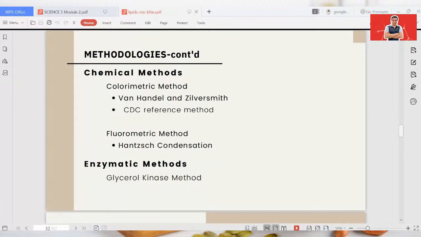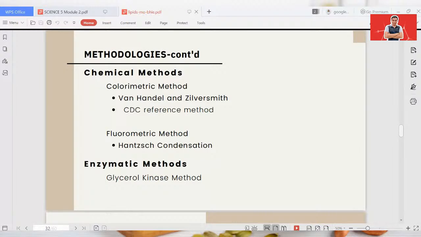The colorimetric method is also based on the CDC reference method. Under the fluorometric method is the Hantzsch reaction, forming diacetyl 1,4-dihydrolutidine, a yellow fluorescent compound with maximal absorbance of 412 nm.